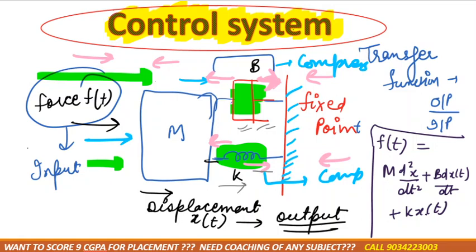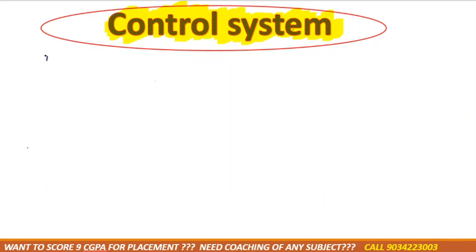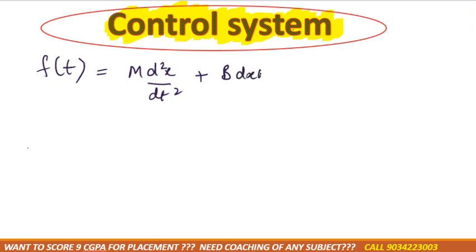Understood? Now if we want to convert it into Laplace, I'm writing down this equation over here, f of t is equal to m d2x by dt square plus b dx of t by dt plus k x of t.